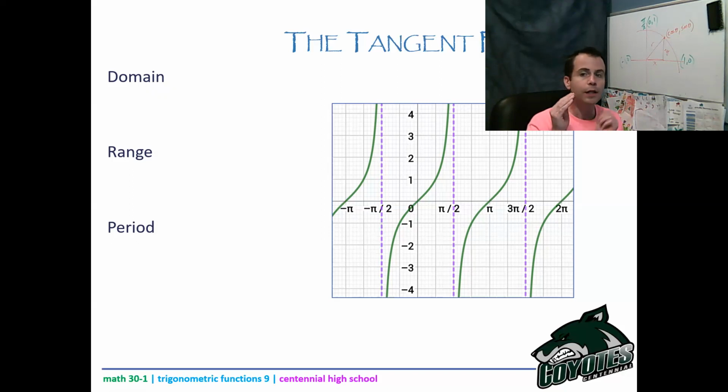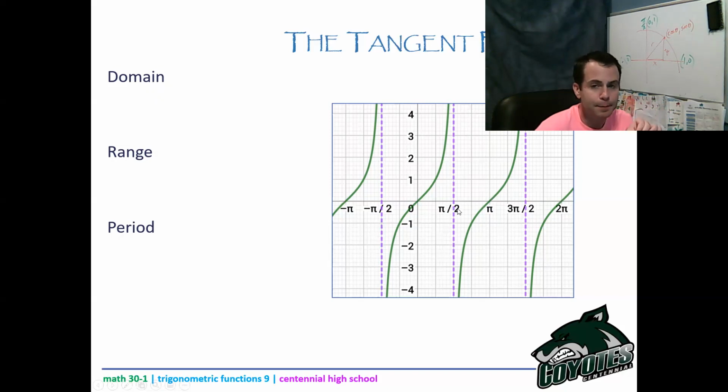Now, x can't be any asymptote that we see here. So what's the first positive one? The first positive one is pi over 2. What's the period that it was going to take until I see another not available one? That'd be 3 pi over 2. So from pi over 2 to 3 pi over 2, that's where you all yelled pi at me.